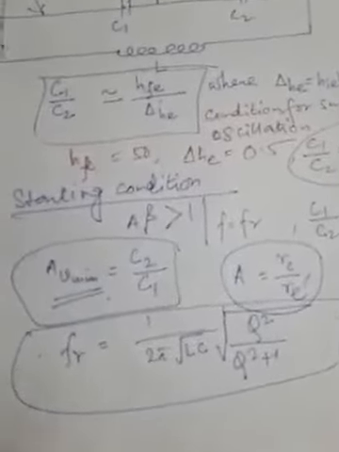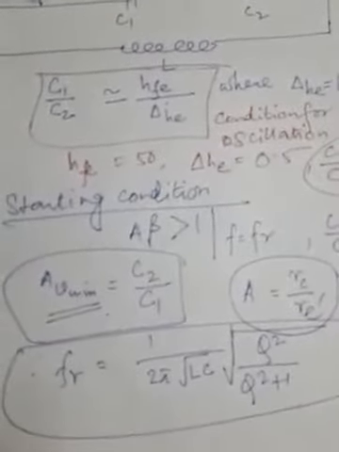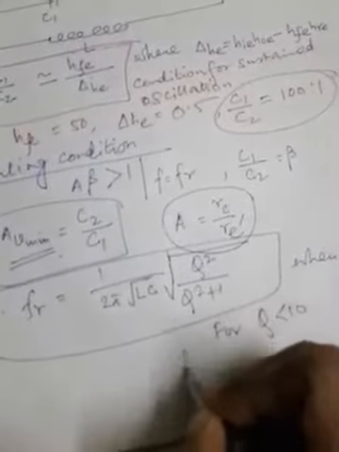But when Q is less than 10, the frequency is lower than the ideal value. That means for Q less than 10, this Fr should be less than 1 by 2 pi root over LC.